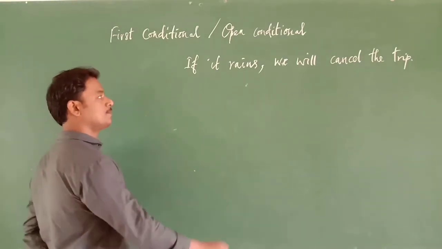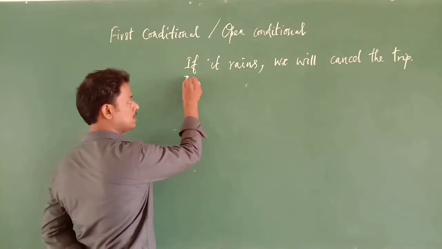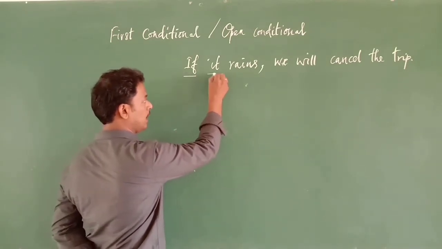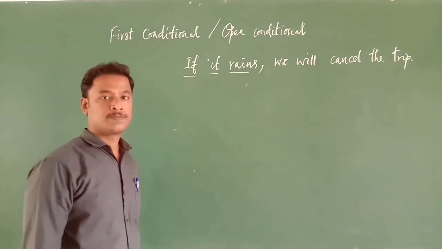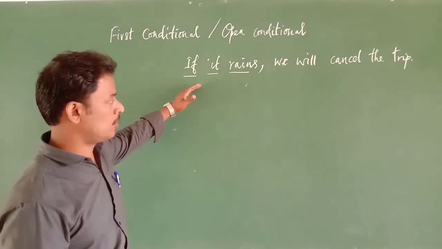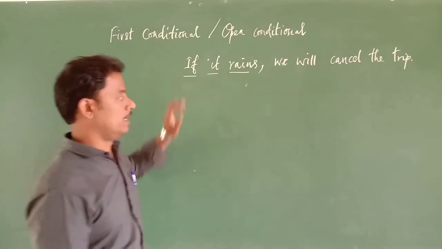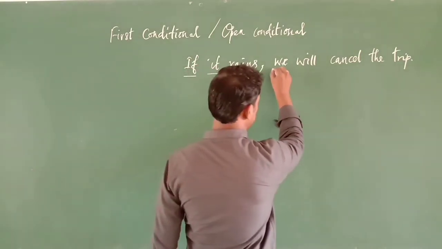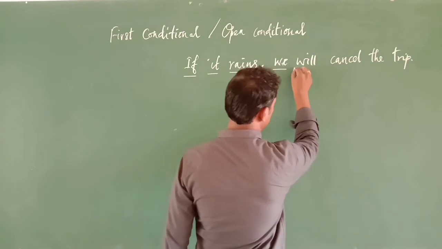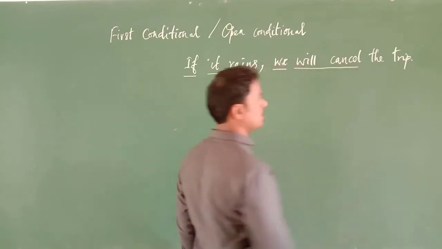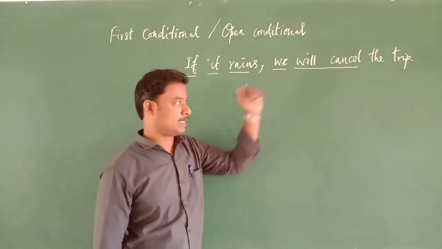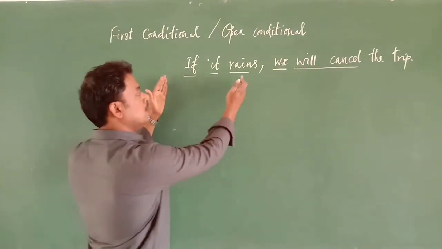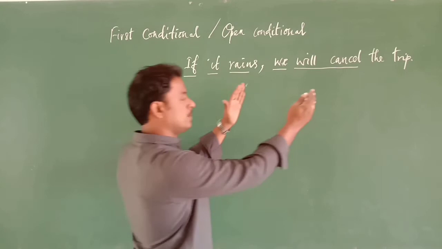Analyze this part. The first one is a subordinating conjunction, the second one is the subject, and the third one is the verb. So it is the subordinating clause. And the second part starts with a subject and a verb follows. So it is a main clause. The first part is a subordinating clause, the second part is the main clause.